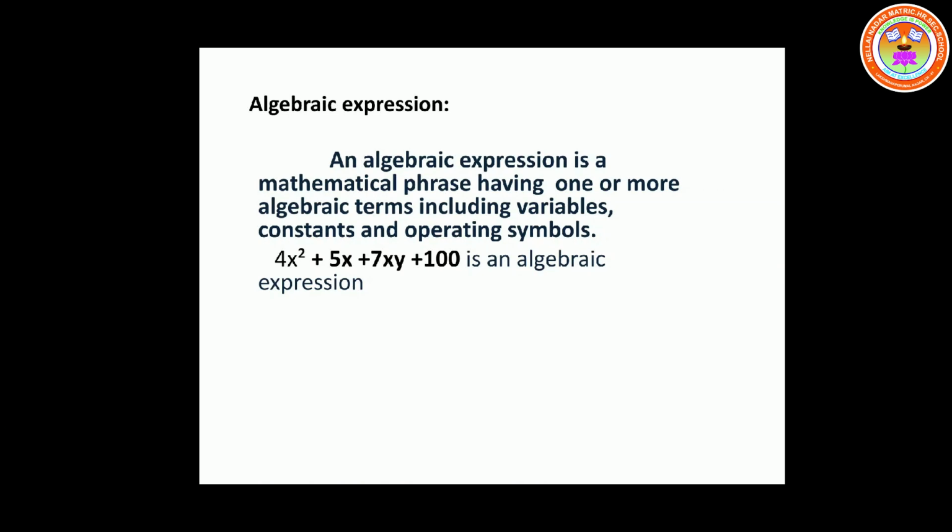Now let us split what are the terms we are going to use here. First let us talk about the variables. So here in the example, what is a variable? As I said earlier, variables depend on the number. It is not fixed. So here x square, x and xy are the variables of the given algebraic expression.